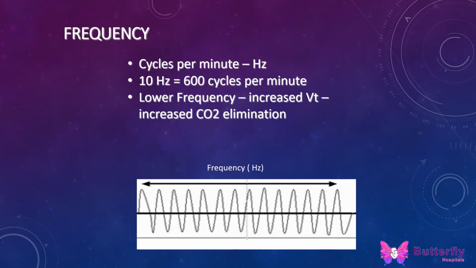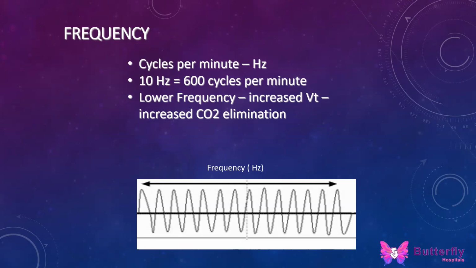In contrast, in conventional mechanical ventilation, if you want to increase the CO2 clearance, you increase the rate. But in high frequency ventilation, it works in a different way. To increase the CO2 clearance, you have to decrease the frequency. So the lower frequency causes more CO2 clearance, and the higher frequency causes less CO2 clearance.